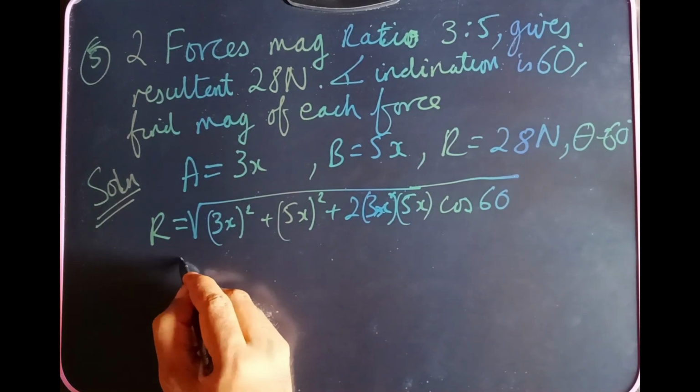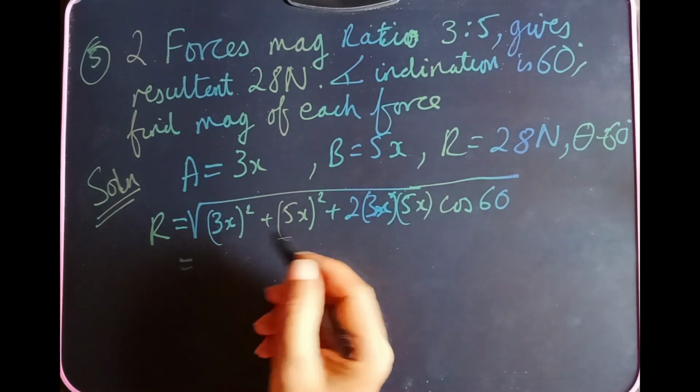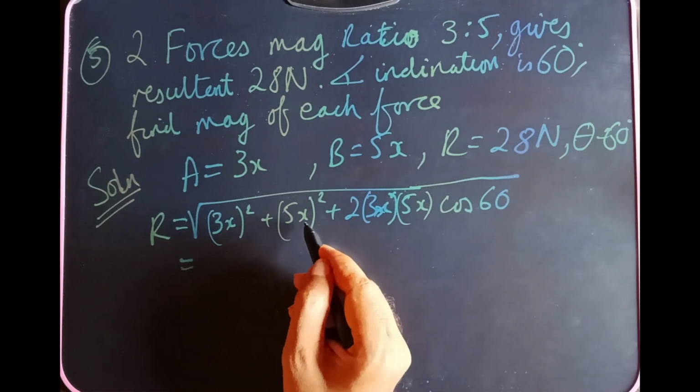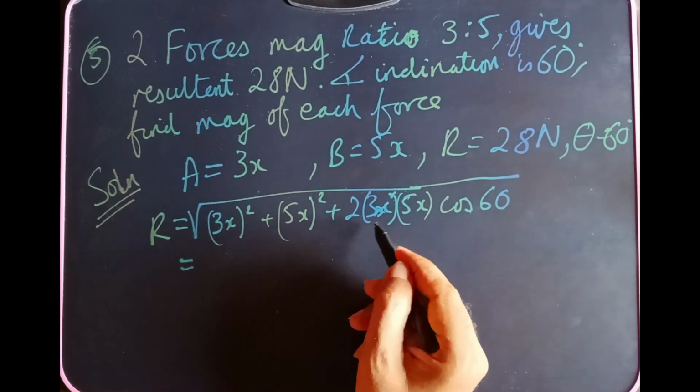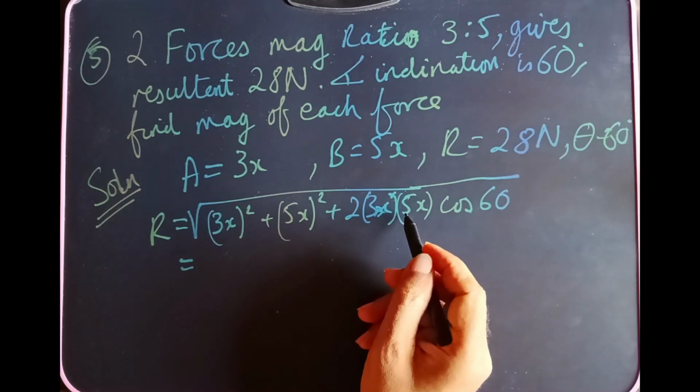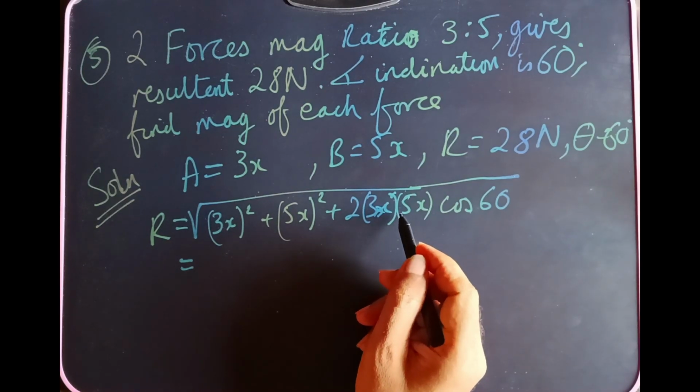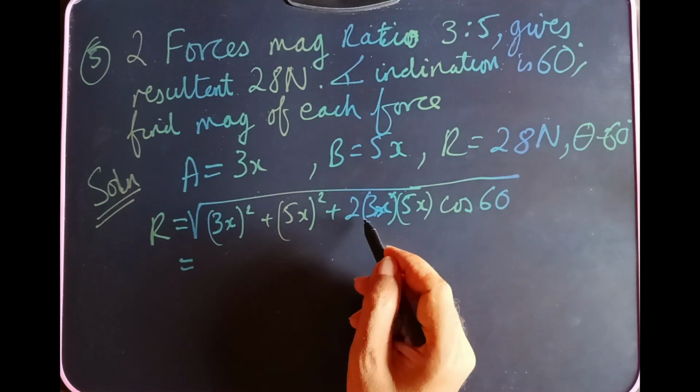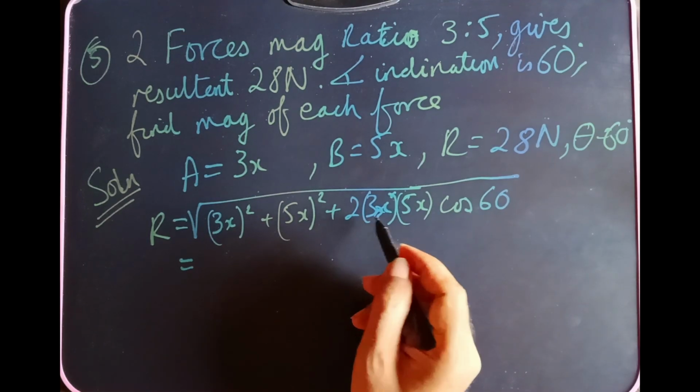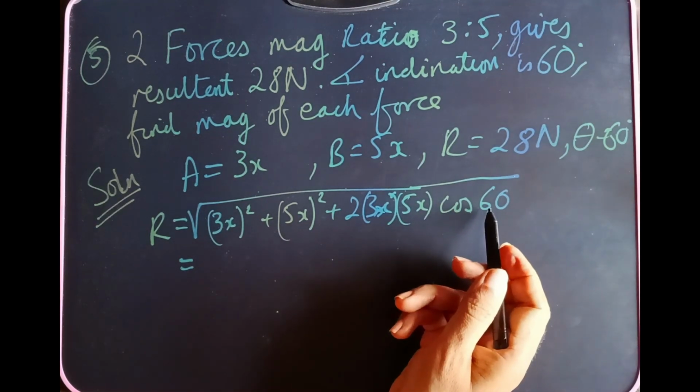So here we will have 9x square plus 25x square plus this is 15, 3 5s are 15, into cos 60 is half, right?